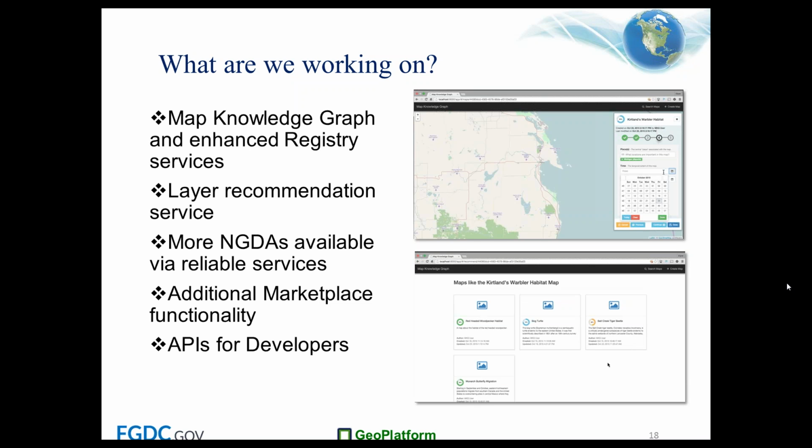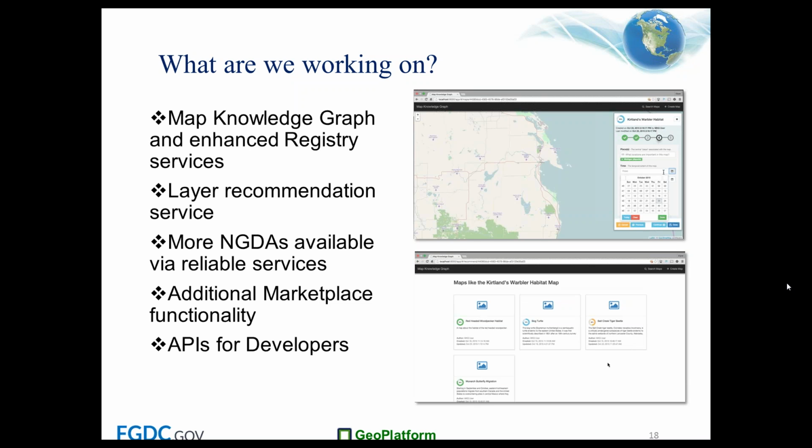Those are attributes that help describe that resource. And the map has layers. Those are, again, attributes of the map. And we're working under this concept of building a knowledge graph around maps, which for those that are into semantic web really helps improve the search and discovery aspects.